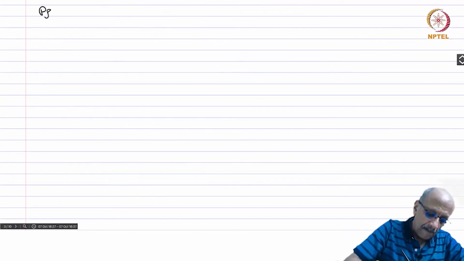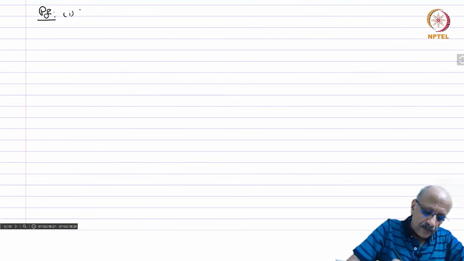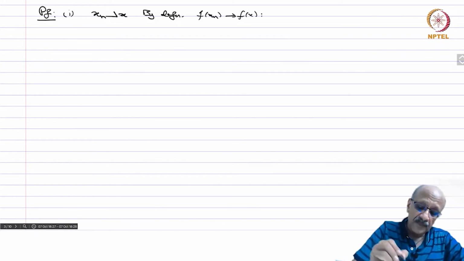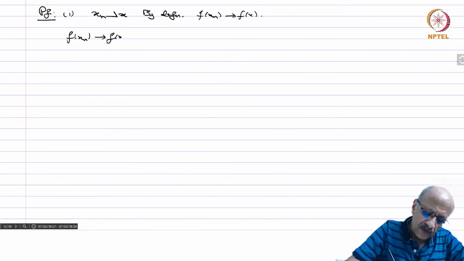Okay, so proof. 1. So x_n goes to x weakly, then by definition, since all the f's are continuous for this topology, f(x_n) has to converge to f(x). Now let us assume that f(x_n) converges to f(x) for every f in V star.